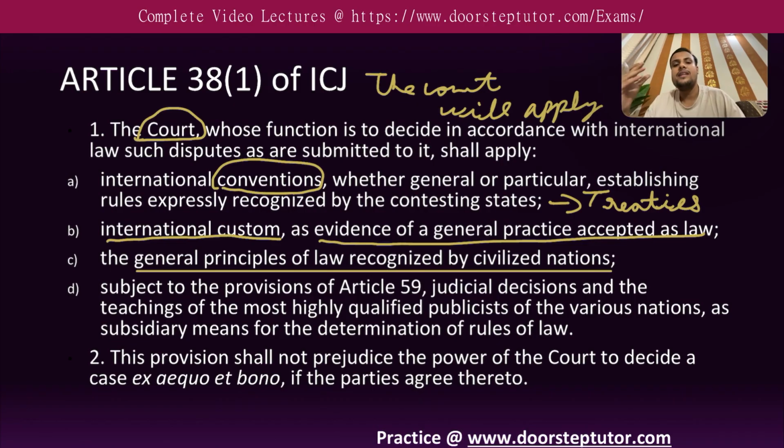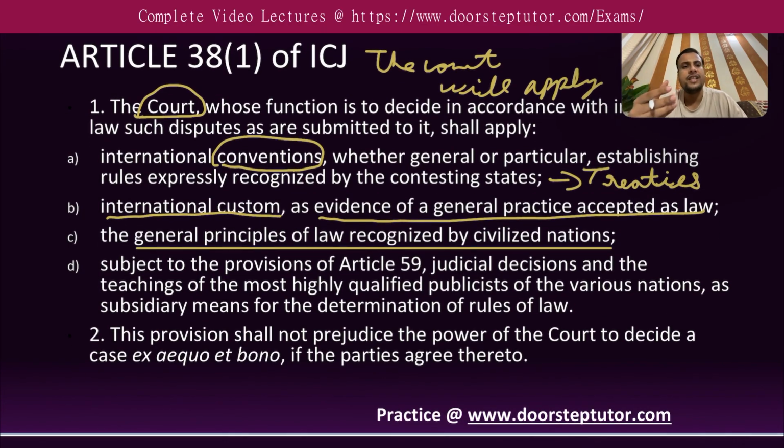The third source based on this definition is the general principles of law recognized by civilized nations. So what does this mean? That there are certain principles which the entire world, or the civilized nations, have accepted. They recognize these principles. So these principles are also a source of law. We will discuss each of these sources one by one in complete depth.